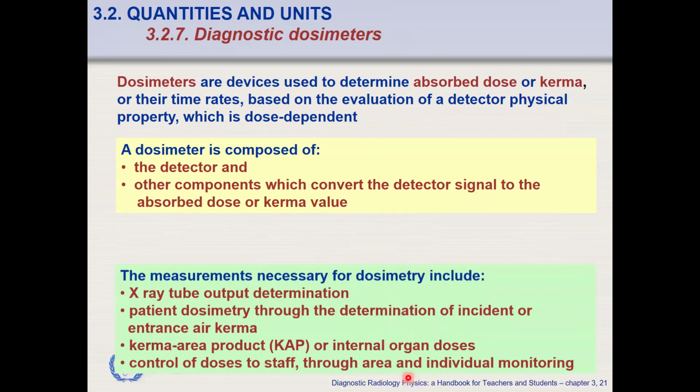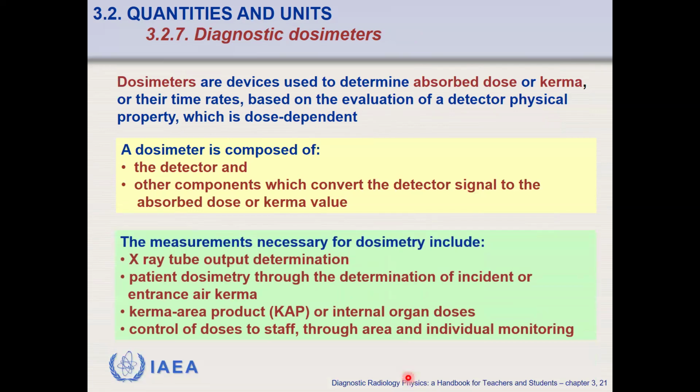The diagnostic dosimeters are actually instruments designed to measure the amount of radiation absorbed by a material or a person. They play an important role in monitoring radiation exposure. They are actually detectors. They are used to determine the absorbed dose or kerma or their time rates. A dosimeter is composed of the detector.